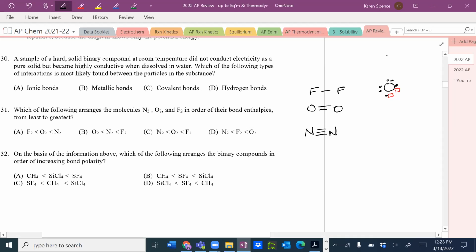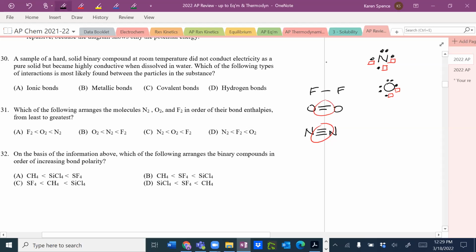Nitrogen has 5 valence electrons, 1, 2, 3, 4, 5. So it has 3 little gaps. So in general, nitrogen will form 3 bonds. Oxygen has 2 gaps, so we form 2 bonds.